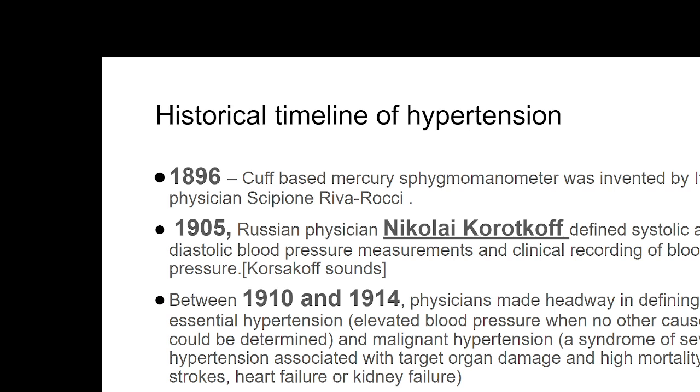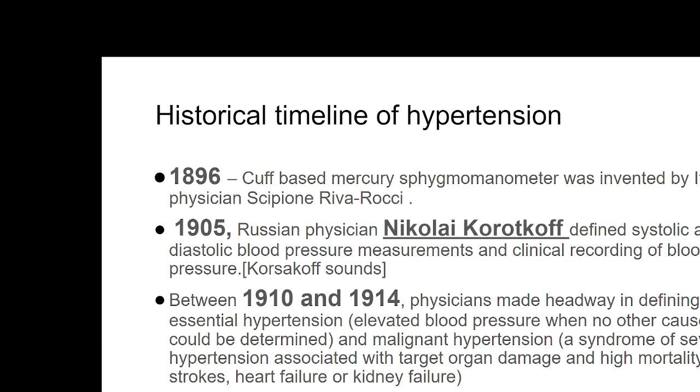Till 1896, measuring the circulatory pressure in a live animal or live human being was not possible without really cutting the vessels. All the methods of identifying the pressure were by cutting the vessel, connecting to a manometer or some instrument, and measuring the pressure.